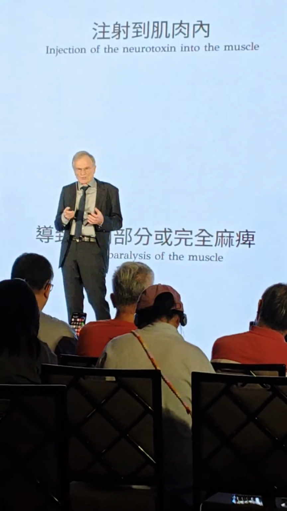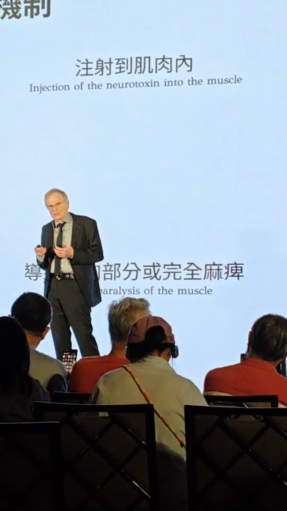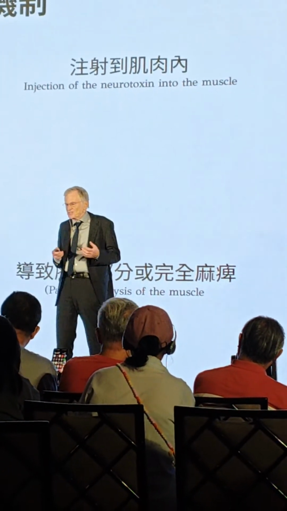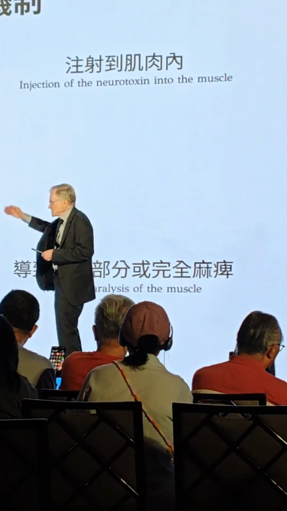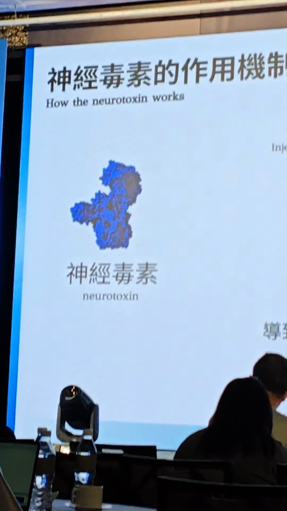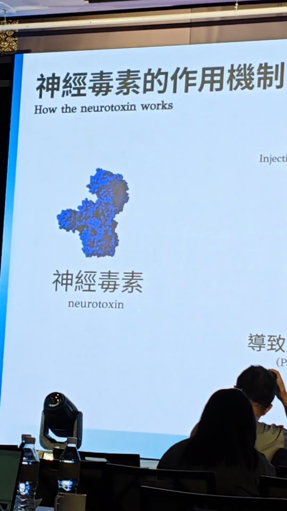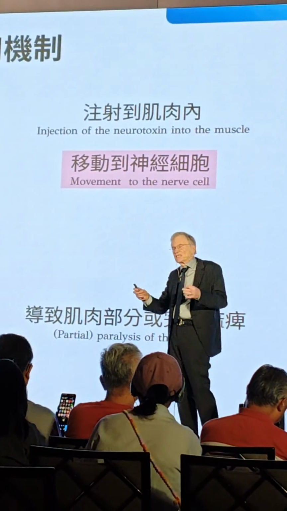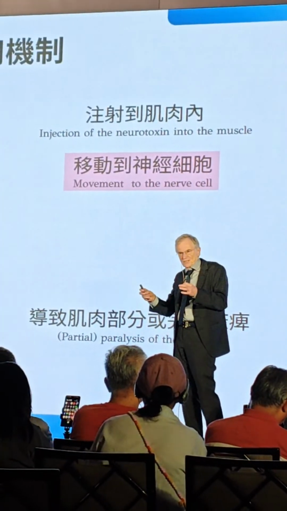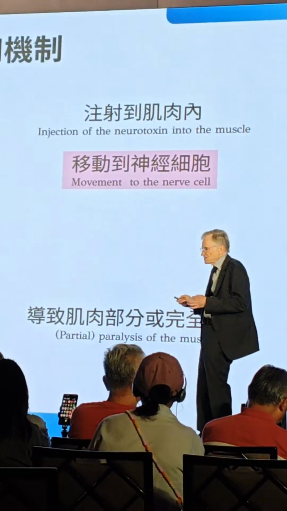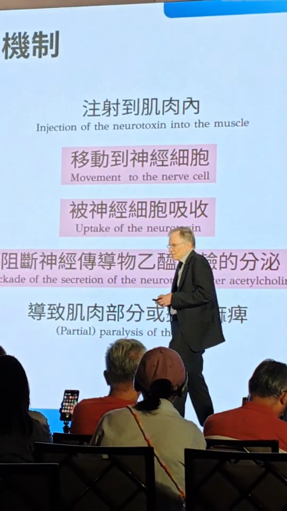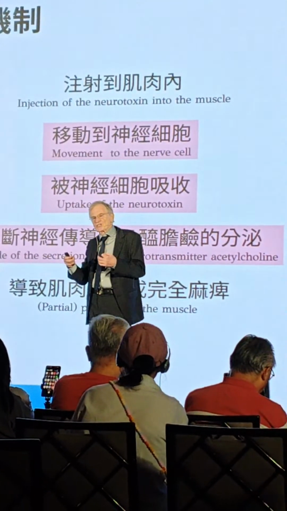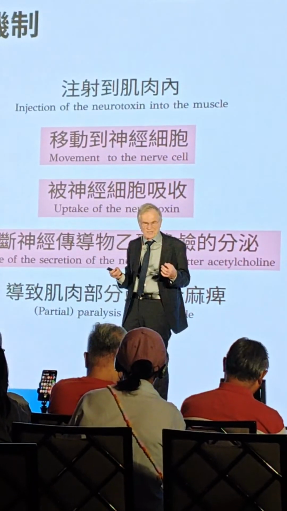So this just shows you the mechanism of action of the neurotoxin. The neurotoxin is injected into the patient. Here you see the neurotoxin, the spatial structure, and the neurotoxin then moves in the injected muscle to the nerve cell. It is taken up by the nerve cell in the next step, and in the nerve cell, it inhibits the secretion of the neurotransmitter.